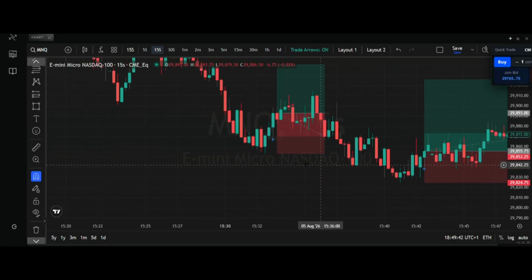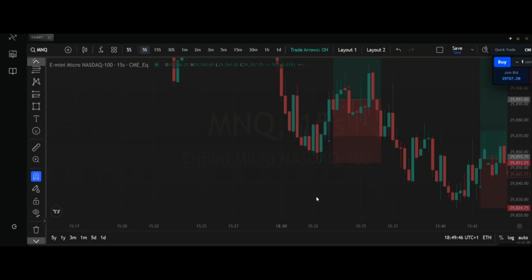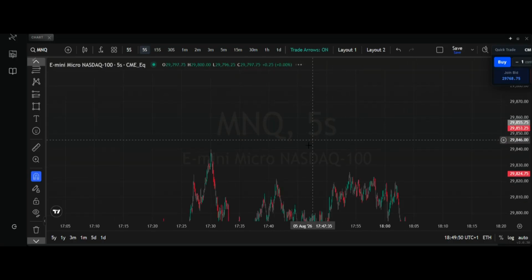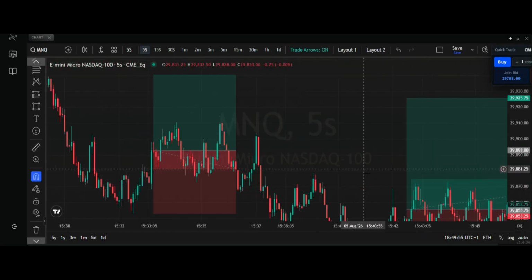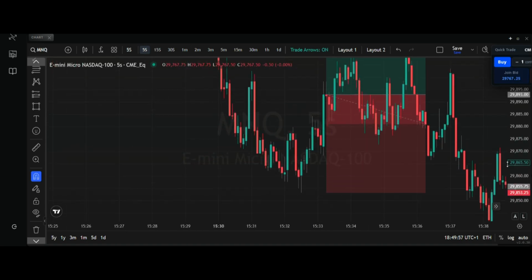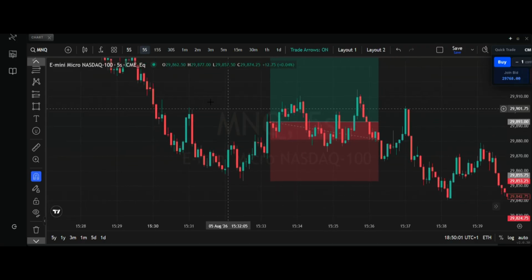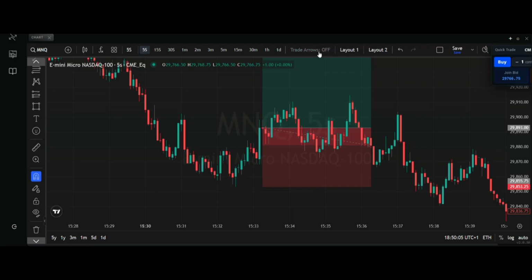So the first trade here, if we go down to the 5-second, loading now. Here's the first trade, so let's just review structure. Let me just turn on my trade arrows.